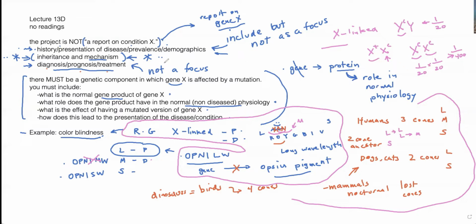Okay, and this was especially important in the case of color blindness because there's not a whole lot of things that I would be able to tell you that you didn't already know about color blindness, right? Yeah, people that have color blindness are not able to see colors normally. Okay, big surprise there, right?